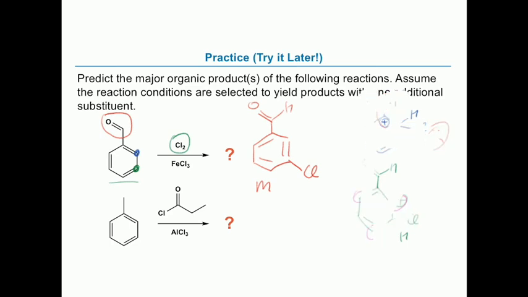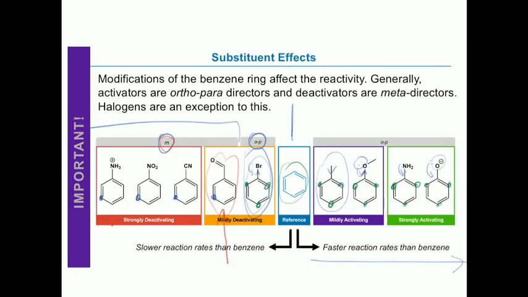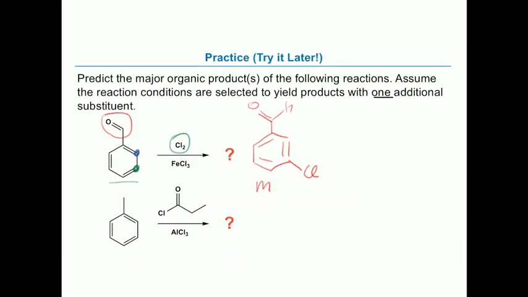In the bottom example, once again, look at what you're using. This is a methyl group on the ring. Going back to our chart, methyls are mildly activating and ortho-para directing. That's just a result of alkyl groups being donor type groups. So if we're donating into this ring, we expect this to be an ortho-para type system.